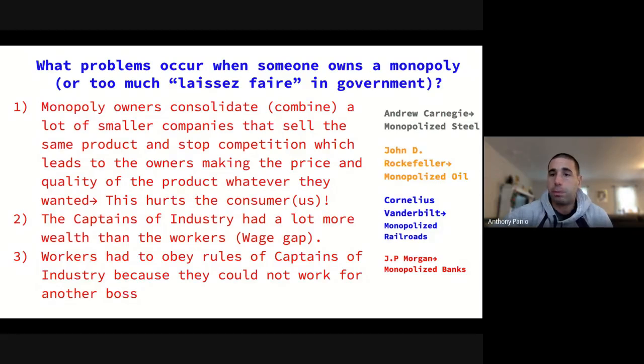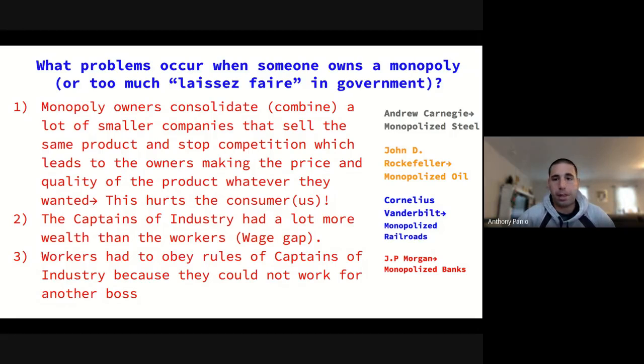Yes. Should the principal of PS 89 make more money than Mr. Panio? Yes. But there was such a large gap, many people believe that some of these monopoly owners who did do a lot of nice charity things maybe should have been paying their workers more money, because a lot of their workers were not making enough money. So this was a little bit of a problem.